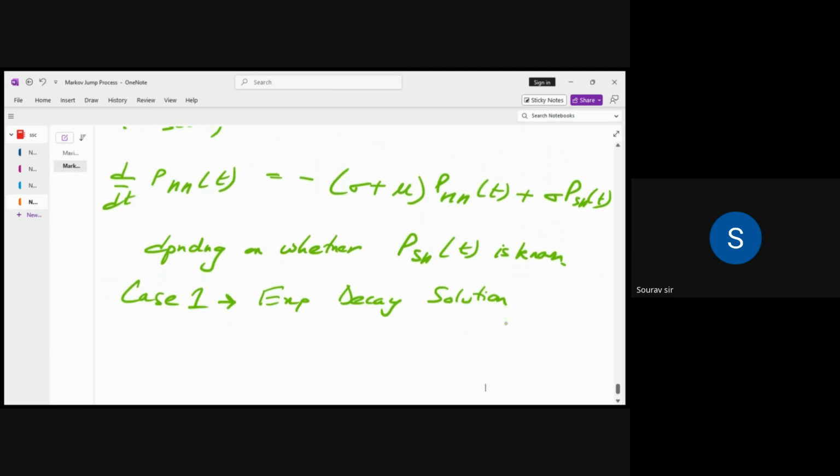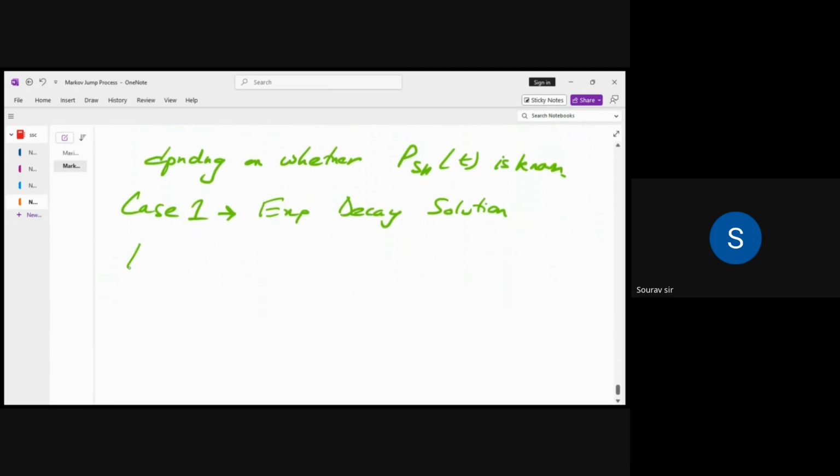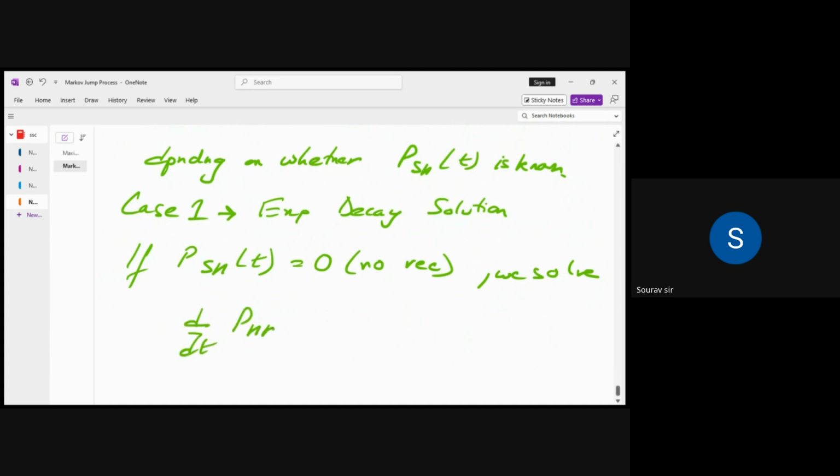If P_SH(t) is 0, that means no recovery, then we will solve d/dt P_HH(t) equals minus (theta plus mu) P_HH(t).